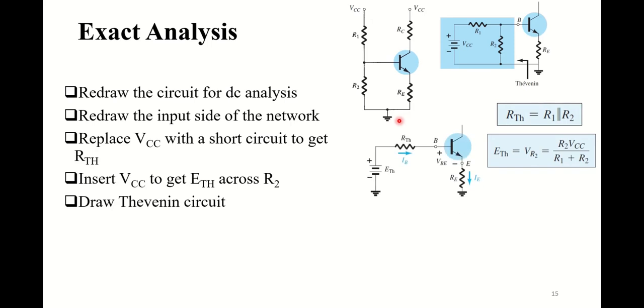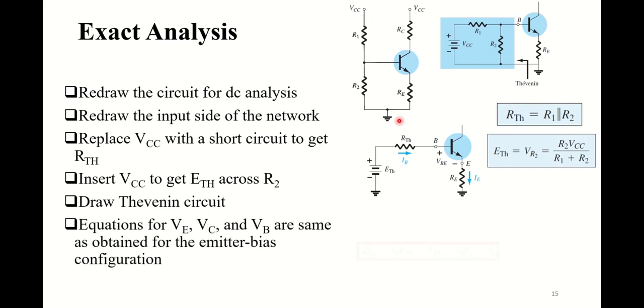The remaining equations for VE, VC and VB are the same as obtained for the emitter bias configuration discussed on previous slides. Like the previous two configurations, our primary goal for this configuration is also to find the equation of IB from the input loop and the equation of VCE from the output loop by applying KVL.